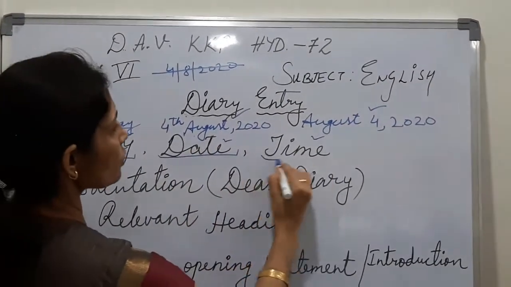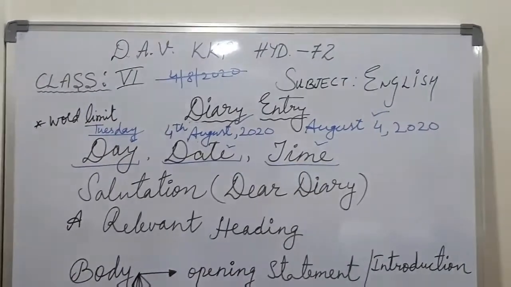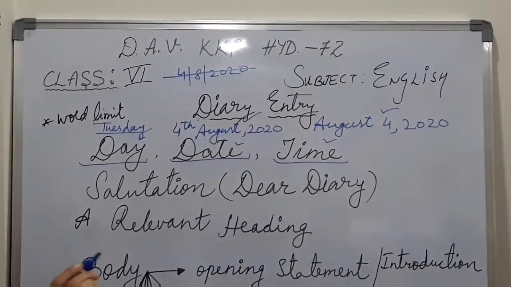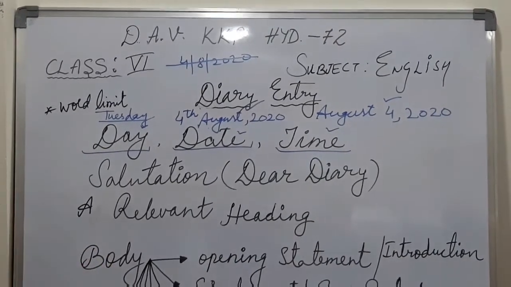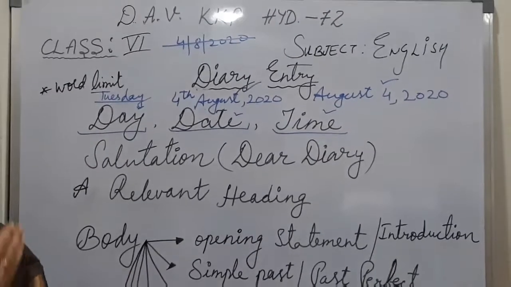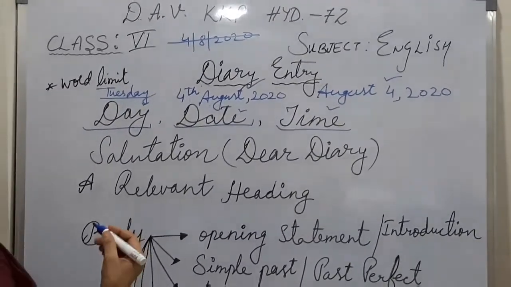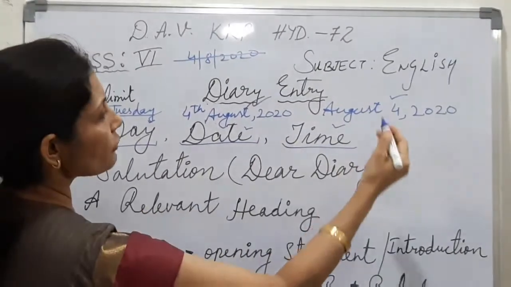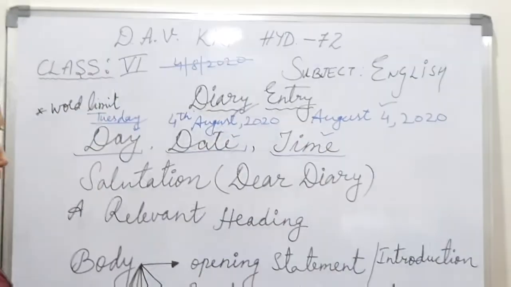Now coming to time. Children, I told you that always mention the night time. We are writing all the events chronologically, in chronological order. What is the meaning of chronological order? It means the events we should write in order.